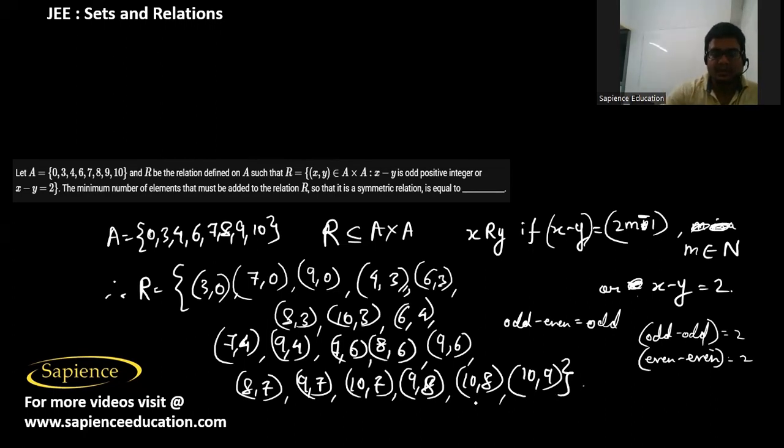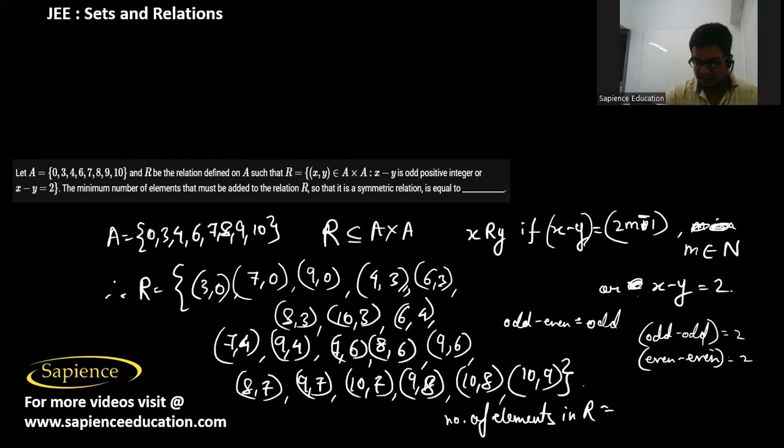So there are how many elements in the relation R? That will be equal to 1, 2, 3, 4, 5, 6, 7, 8, 9, 10, 11, 12, 13, 14, 15, 16, 17, 18, 19.